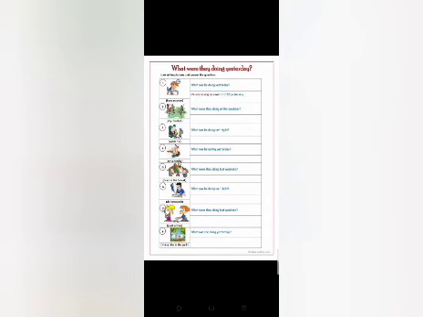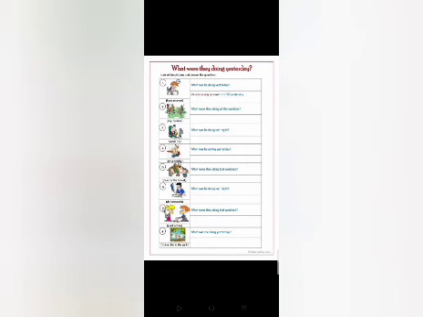Okay, guys, what about picture number 6? What was he doing last night? Yes, brilliant. He was doing homework last night. And what about picture 7? What were they doing last weekend? They were planting a tree.